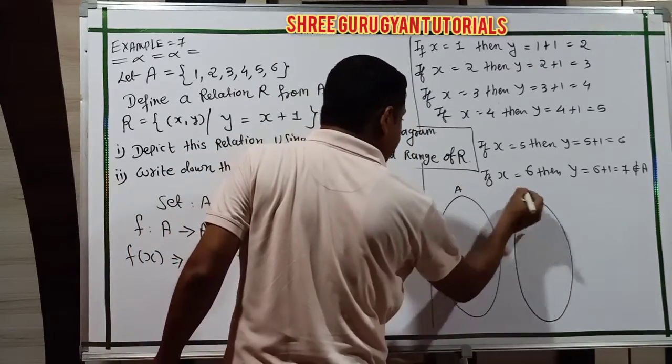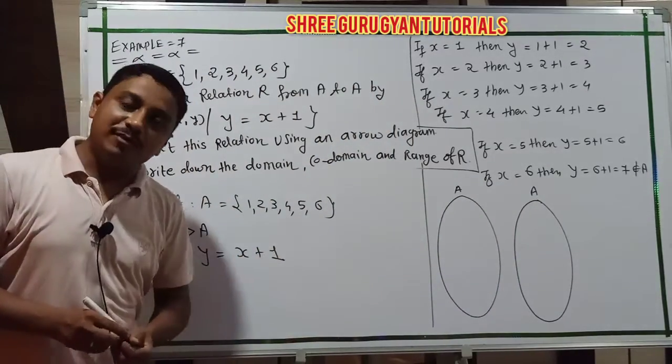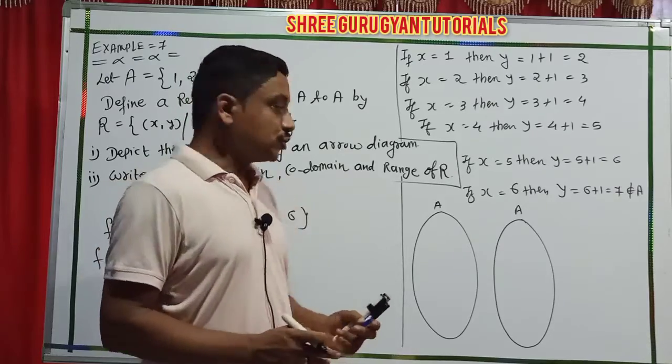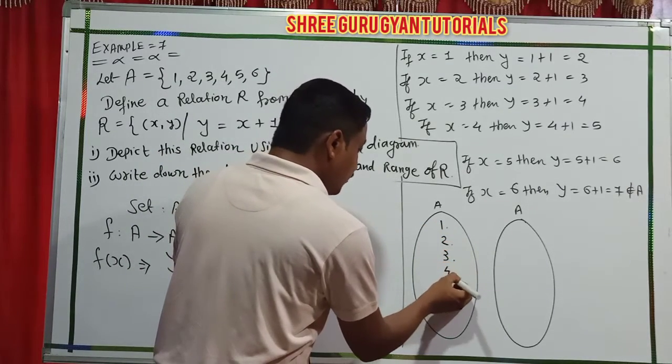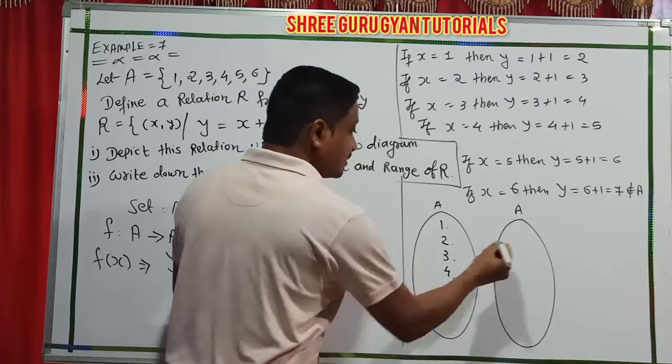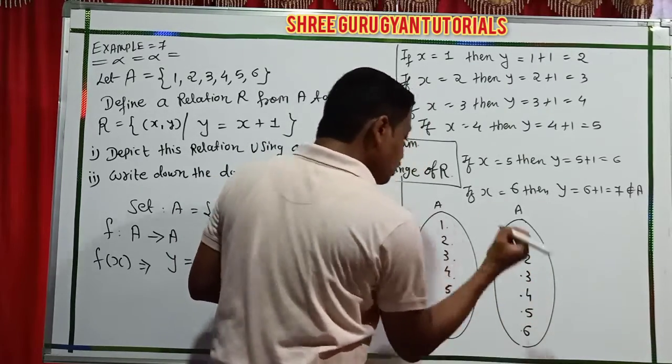One side is A and here the other side is A, and we apply the A values. Here 1, 2, 3, 4, 5, 6, and here also the same, 1, 2, 3, 4, 5, 6.